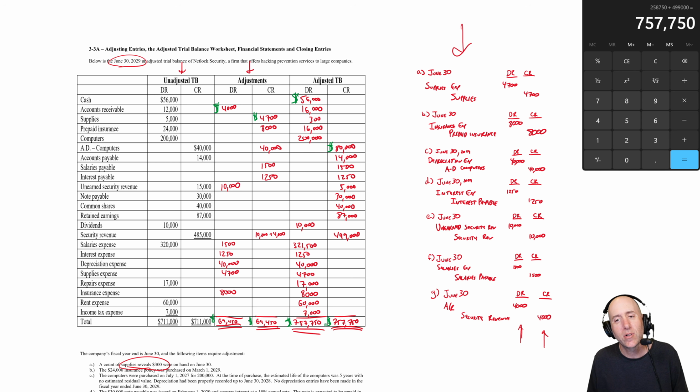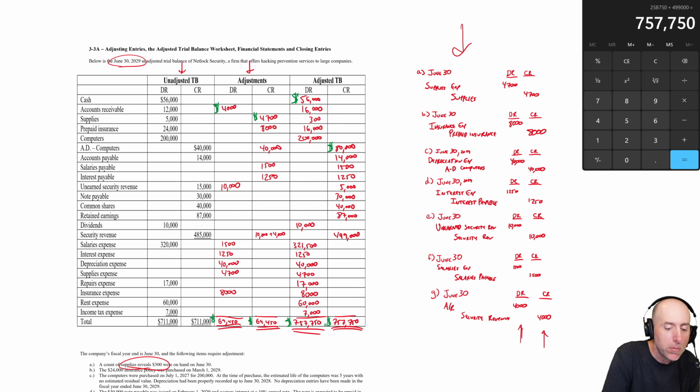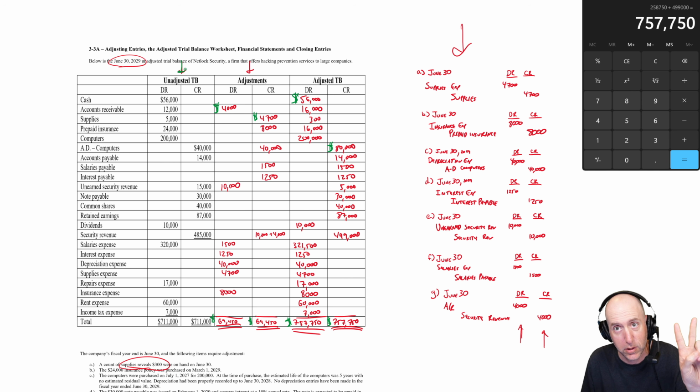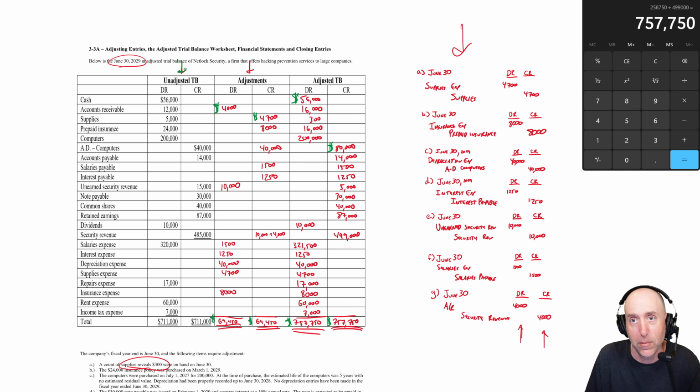Now remember the accounting cycle. Maybe I'm doing this at the wrong time in the video, but let's just do it now. We do journal entries, right? A transaction occurs. We do a journal entry. We summarize our journal entries to T accounts. Then we prepare an unadjusted trial balance. That's all Chapter 2 gets us to, the unadjusted trial balance.